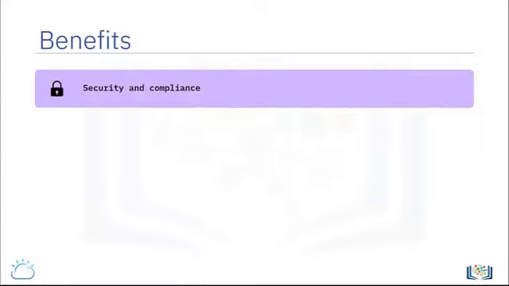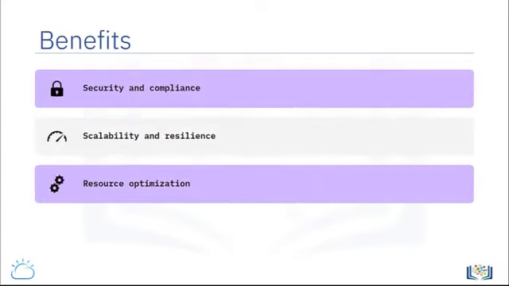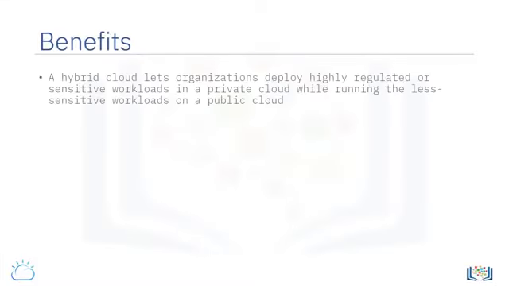Hybrid cloud offers significant benefits in areas of security and compliance, scalability and resilience, resource optimization, and cost saving. A hybrid cloud lets organizations deploy highly regulated or sensitive workloads in a private cloud while running the less sensitive workloads on a public cloud.